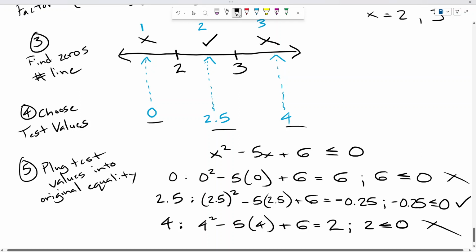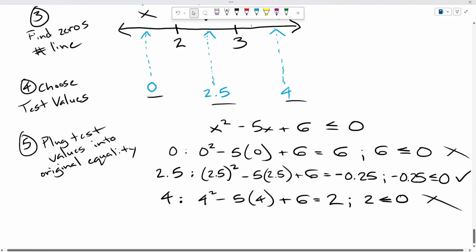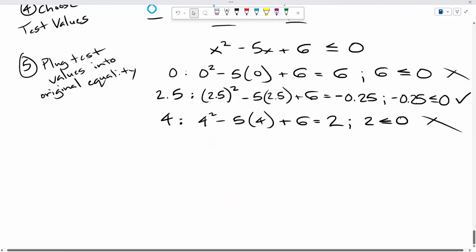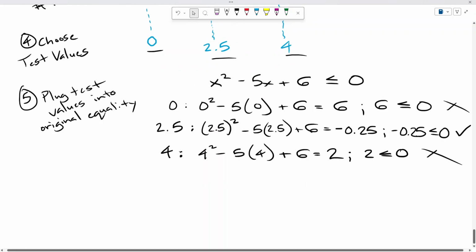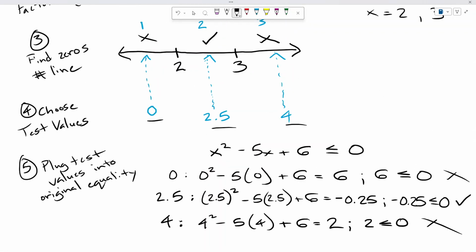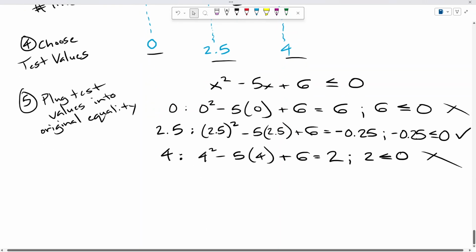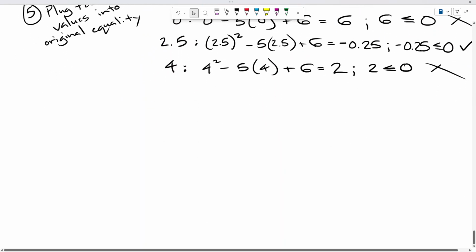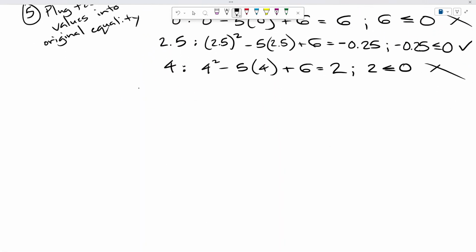So in this case, based on what we just did by plugging the test values in, our only interval where it was true, where it actually worked in the original inequality, was the second interval from 2 to 3. So we would write that out in interval notation as bracket 2 and then bracket 3.